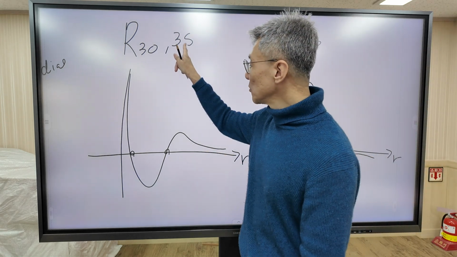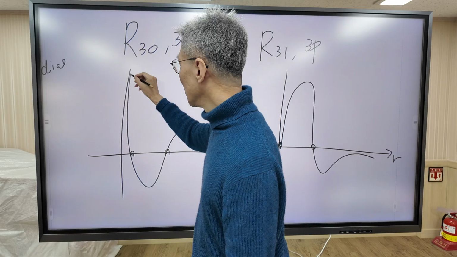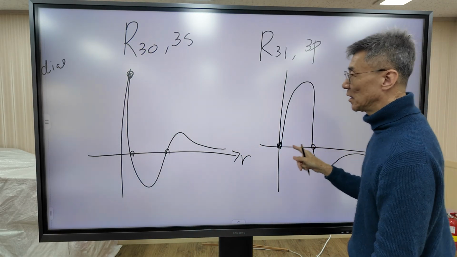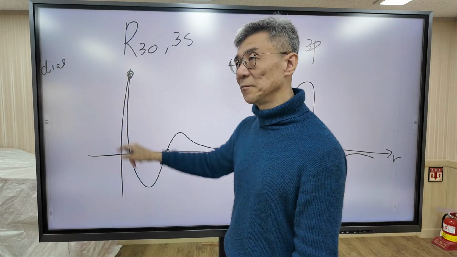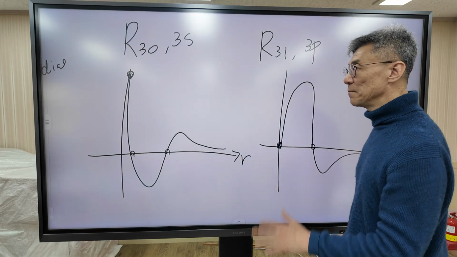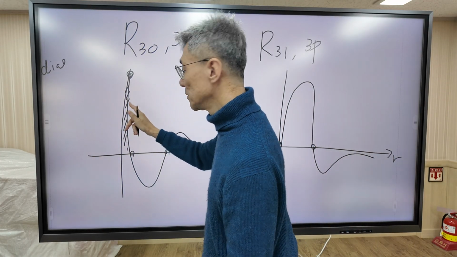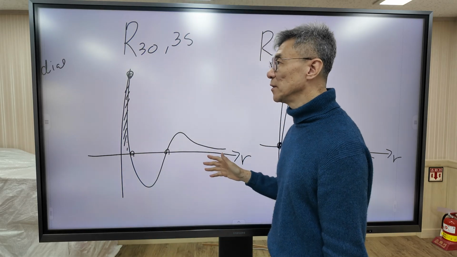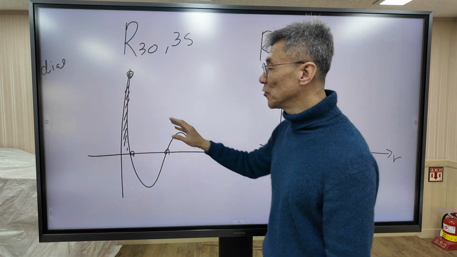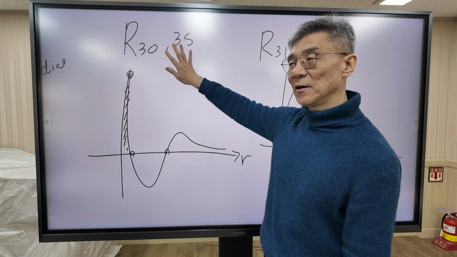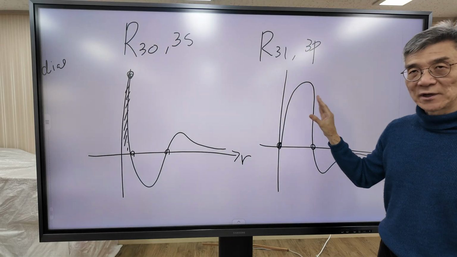But for 3s orbital, when r equals 0, it has a non-zero value. This is a big difference between p orbital and s orbital. So we can say that for 3s orbital, the probability of being found near the nucleus is higher compared to the 3p orbital.